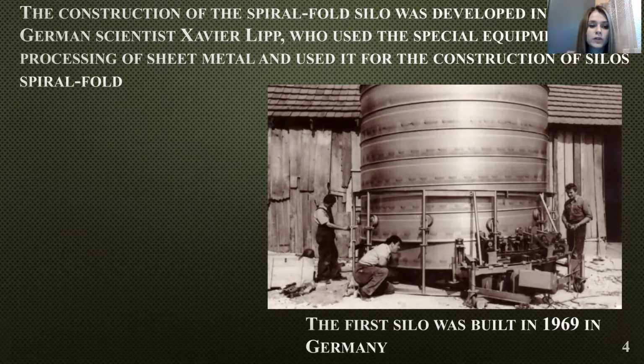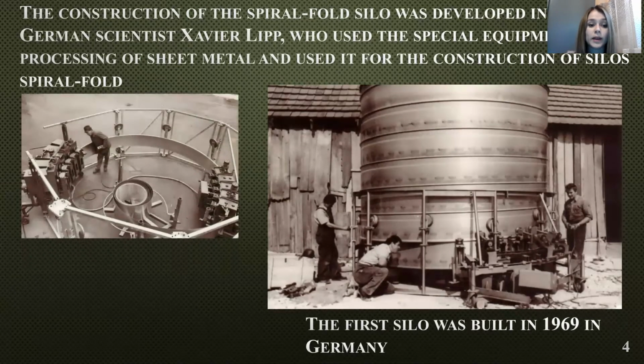The first silo was built in 1969 in Germany. Since the late 60s in Europe began using the silos with this type of construction. Within 10 years of study and research, in practice, this technology has proved successful, and since the early 70s, large-scale production of steel spiral fold silos has begun.